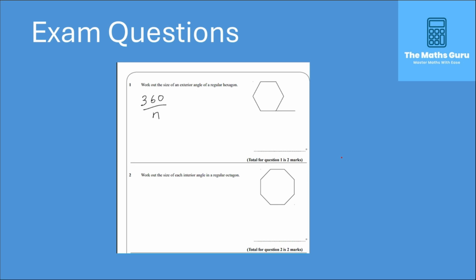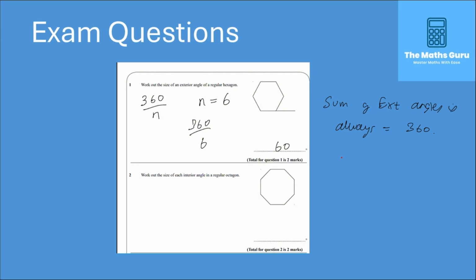This is because the sum of our exterior angles is always equal to 360. So we plug in n is equal to 6. N stands for number, so for a hexagon, number of sides is 6. 360 divided by 6 means that each exterior angle is 60 degrees.